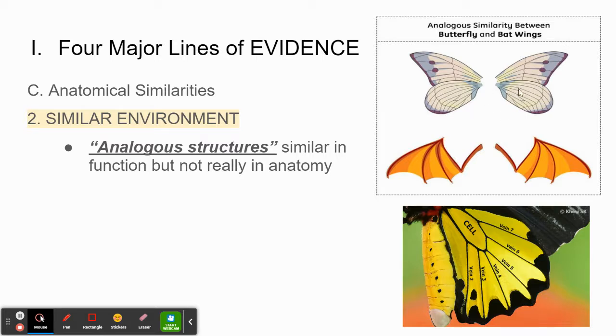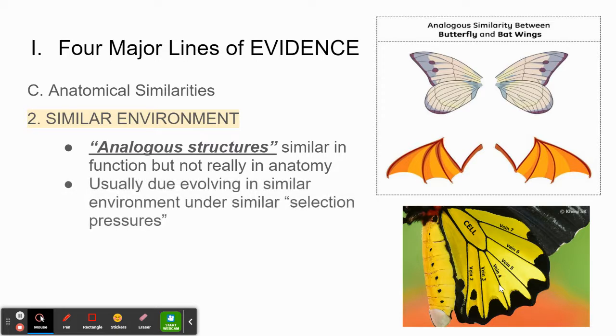And so these butterfly wings are actually made of membranes that are filled with a substance. You can see in this picture down here, those veins, 1, 2, 3, 4, those create the structure of the wing on the butterfly, not a bone. So not structurally the same, but functionally they both offer flight to these organisms.